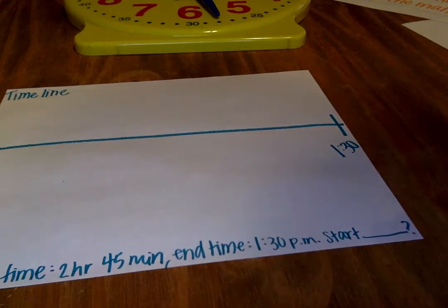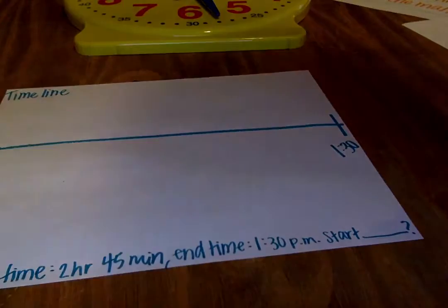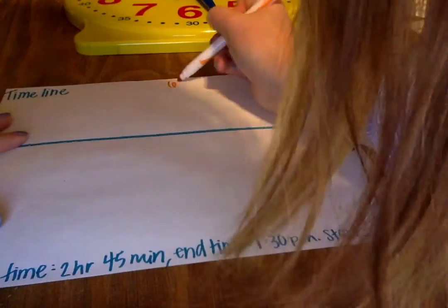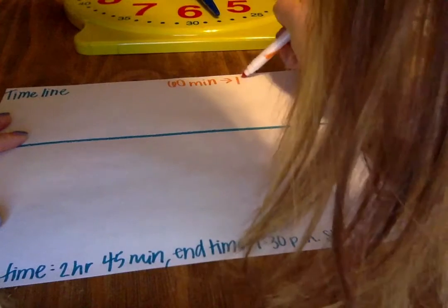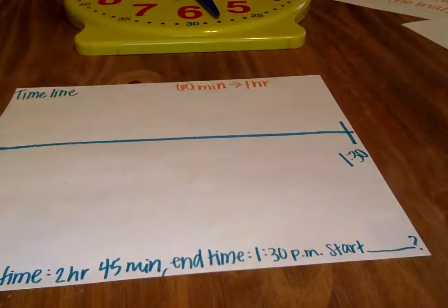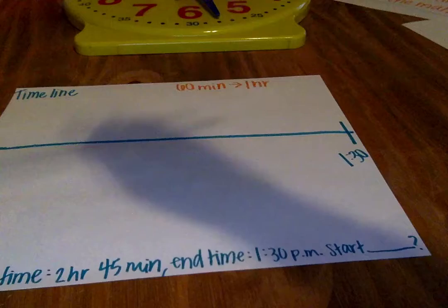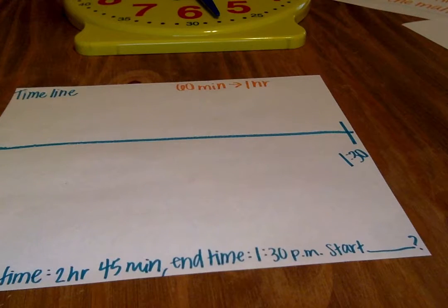So whenever we're working with time, we know that 60 minutes makes 1 hour. So we need to find our elapsed time, which was 2 hours and 45 minutes.